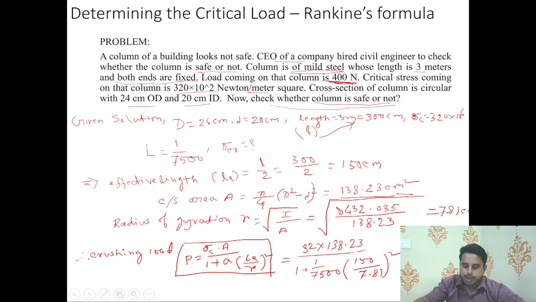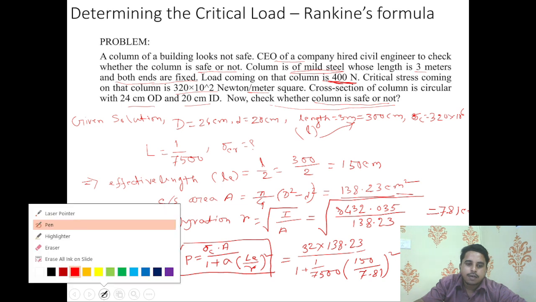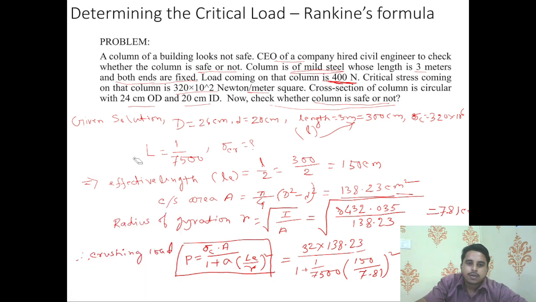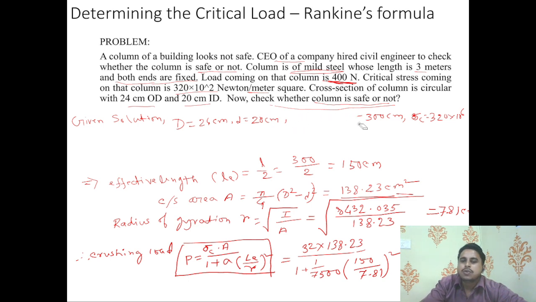As we know, there is a certain relationship between factor of safety, crippling load, and safe load.